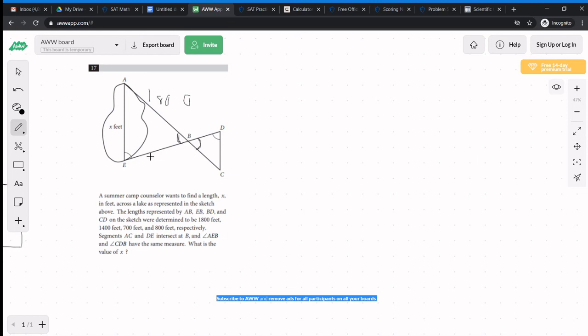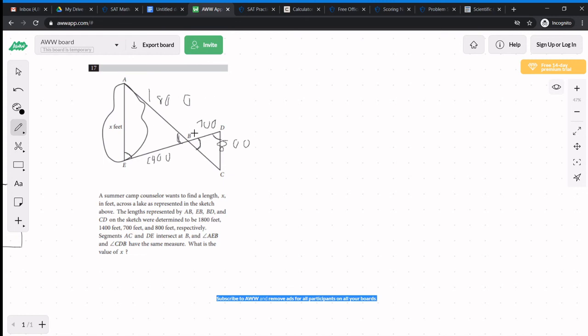EB is 1,400. BD was 700. And CD was 800. And these 2 have the same measure.